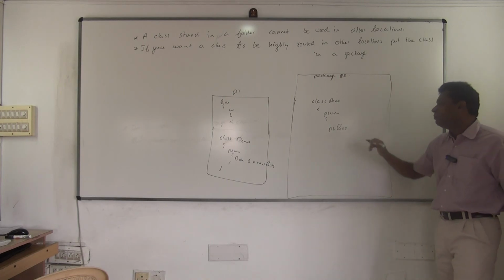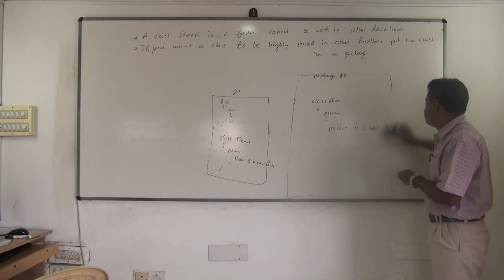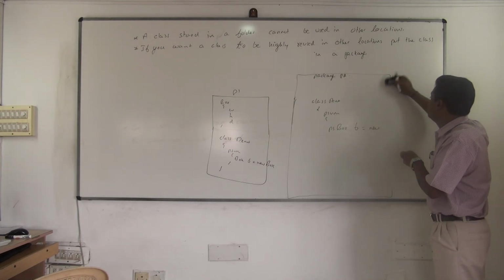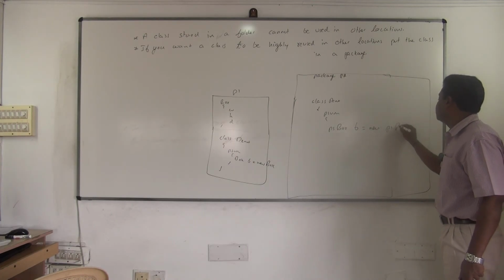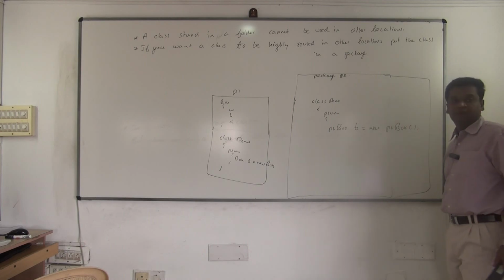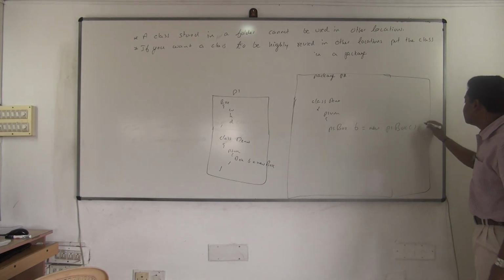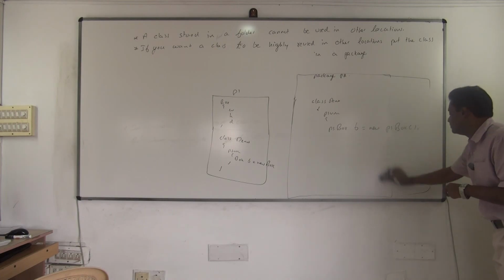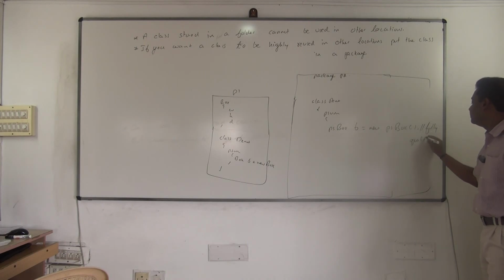I am using now P1.box B is equal to new P1.box. This is called a fully qualified class name.